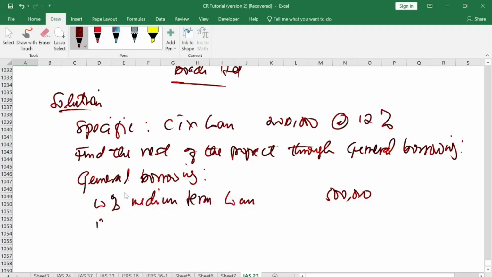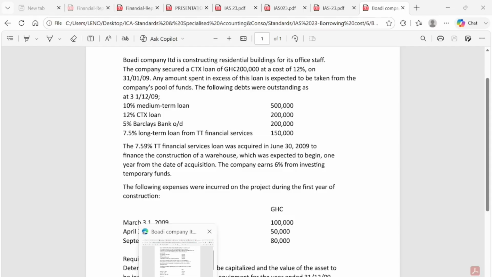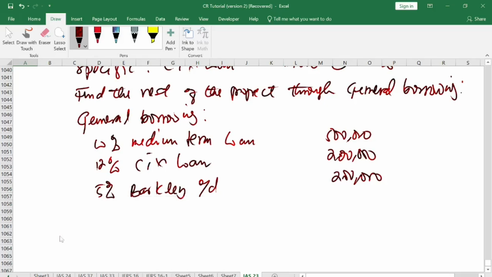They also have a 12% CTX loan, which is 200,000. They have a 5% bank overdraft of 200,000. They also have a 7.5% long-term loan from TT Finance, which is 150,000.